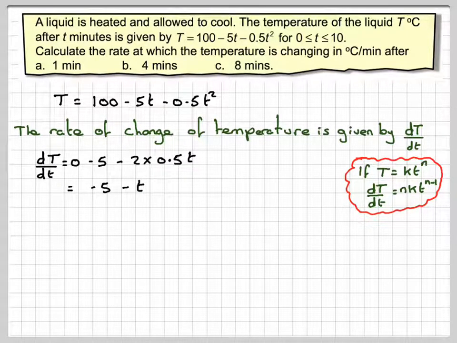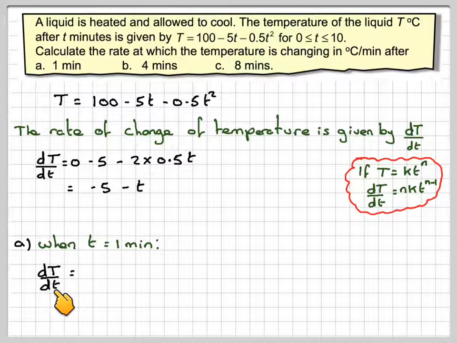Now, when t is equal to 1, we substitute in. So when t is equal to 1 minute, the rate of change of temperature with time is going to be minus 5 minus 1, which is minus 6 degrees C per minute.